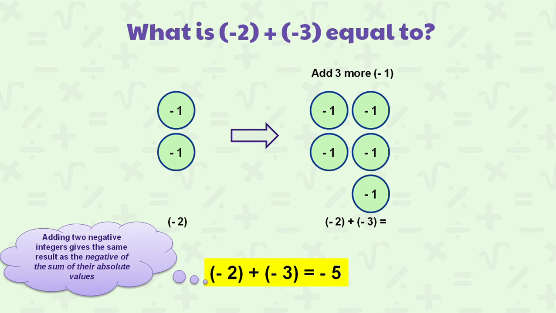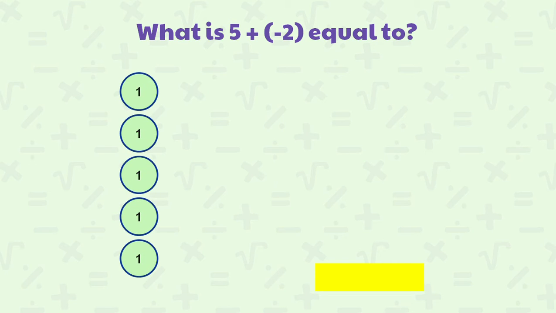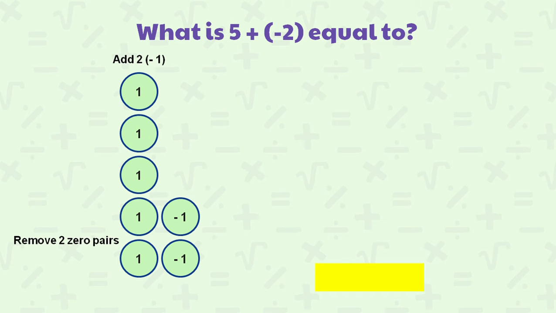Next example. What is 5 plus negative 2 equal to? Okay, there are 5. 1, 2, 3, 4, 5. Plus negative 2. So you need to add 2 negative 1. And then you need to remove 2 zero pairs.